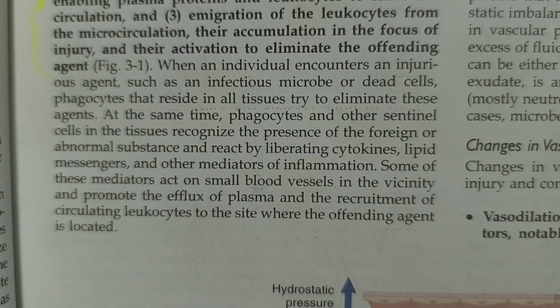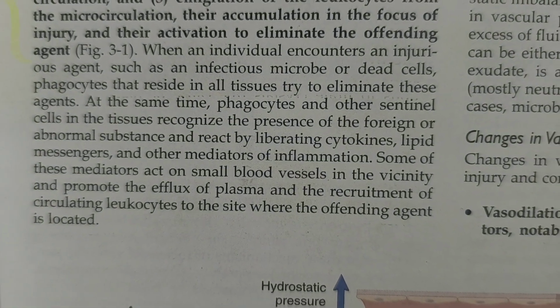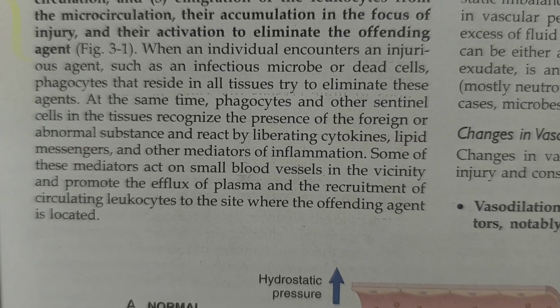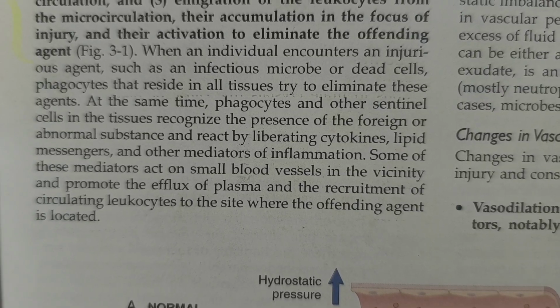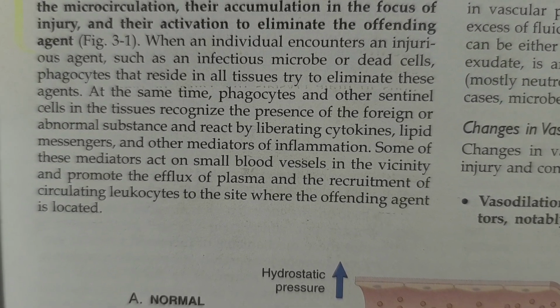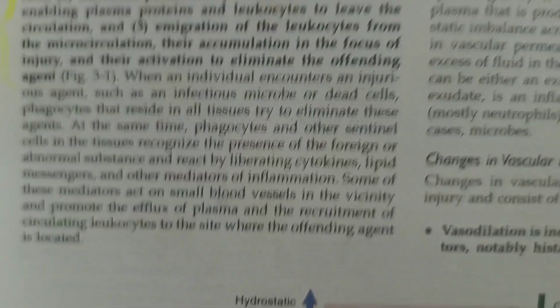Some of these mediators act on small blood vessels in the vicinity and promote the efflux of plasma and recruitment of circulating leukocytes to the site where the offending agent is located.